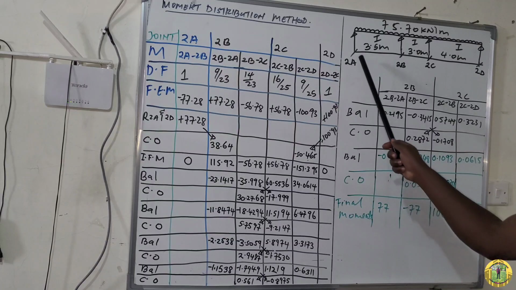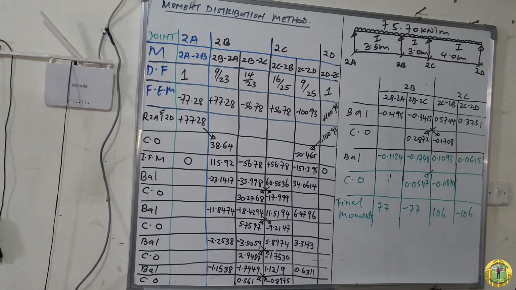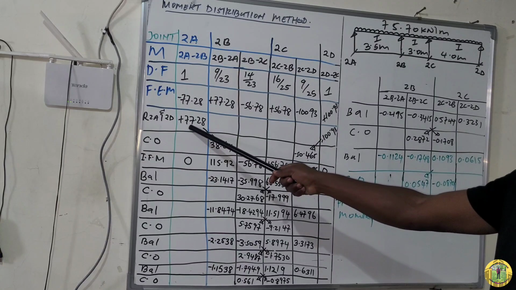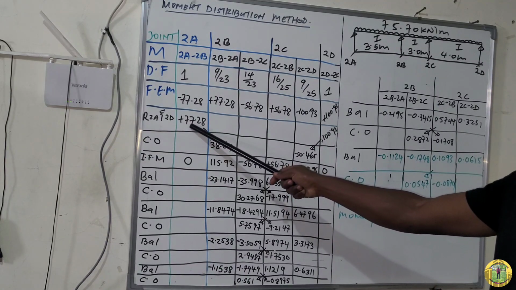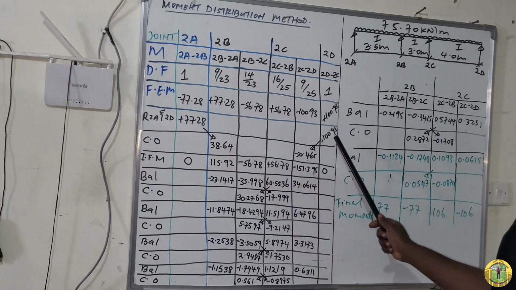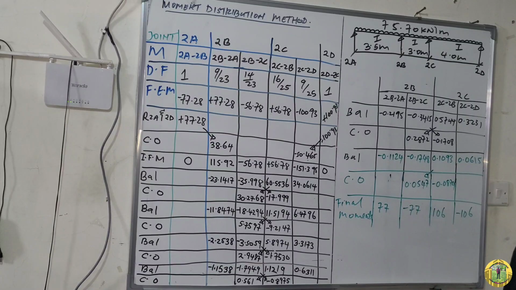For our case, the end support is a simple support. It means for a simple support, the end moment has to be 0. But as you can see here, this end moment is not equal to 0. So for this 2A 2B and this 2D 2C, it is not equal to 0.